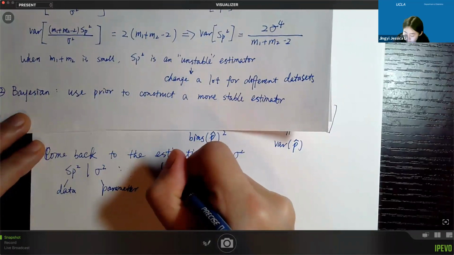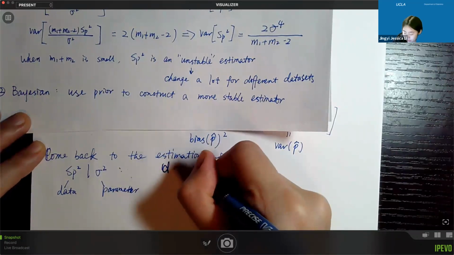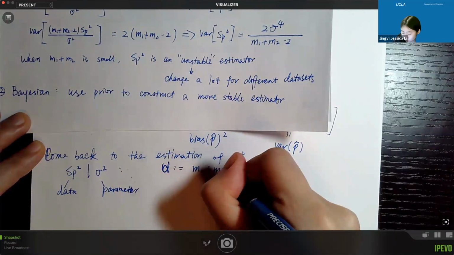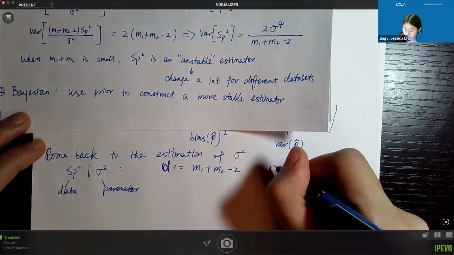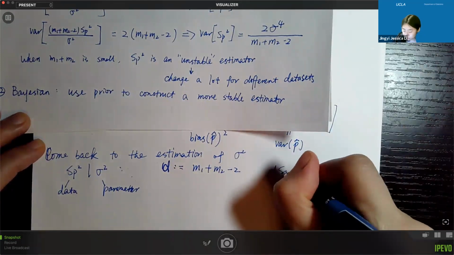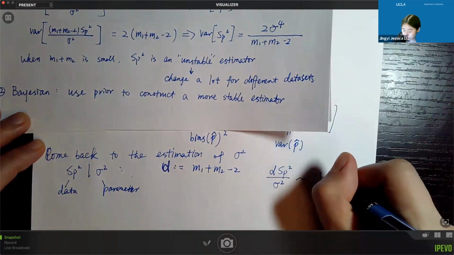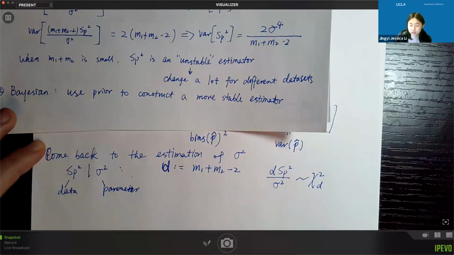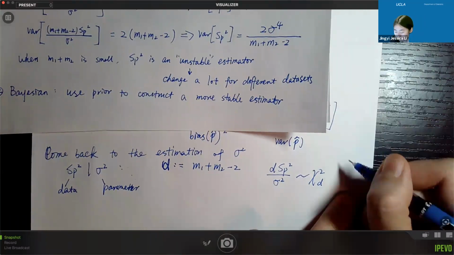For notational simplicity, I will call M1 plus M2 minus 2 my D. Then what I already have is that D times S_p squared over sigma squared follows a chi-squared distribution with D degrees of freedom. This is my likelihood part.